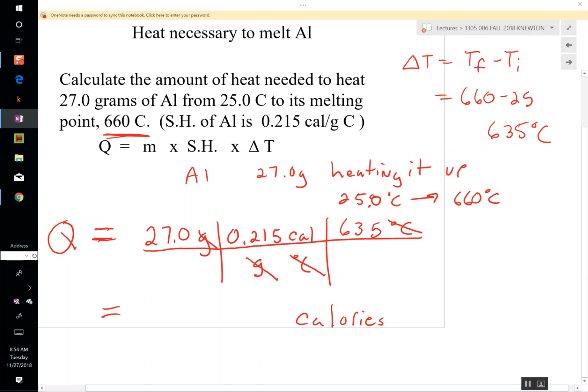Calories, that's the energy term. What's the answer?